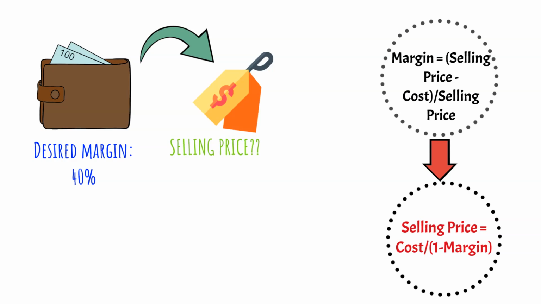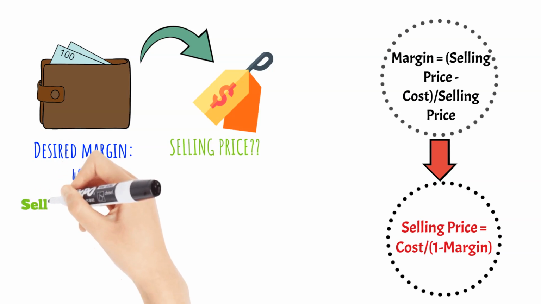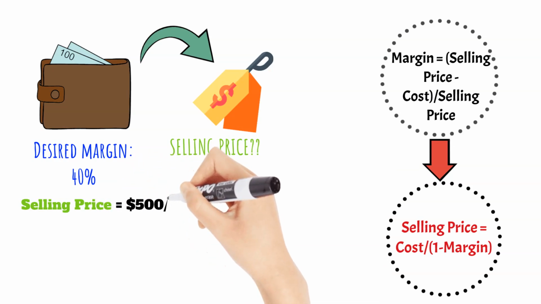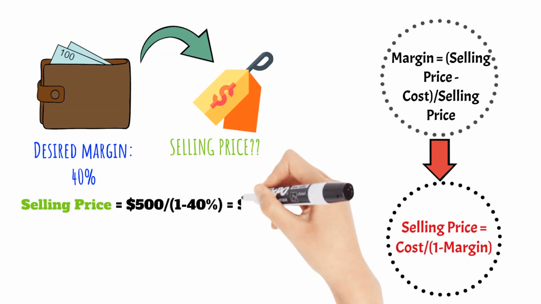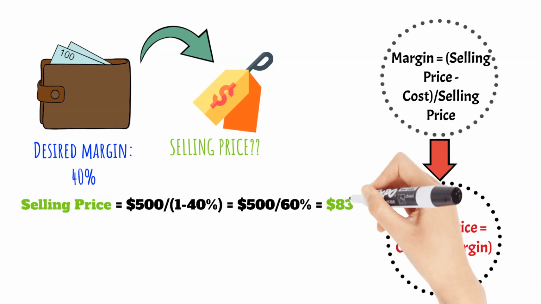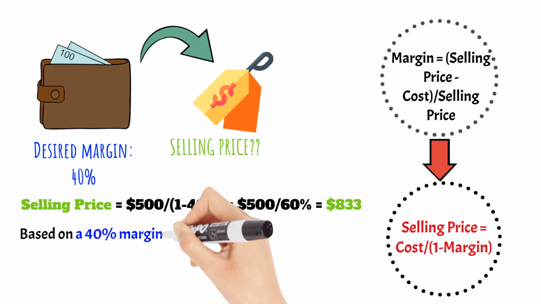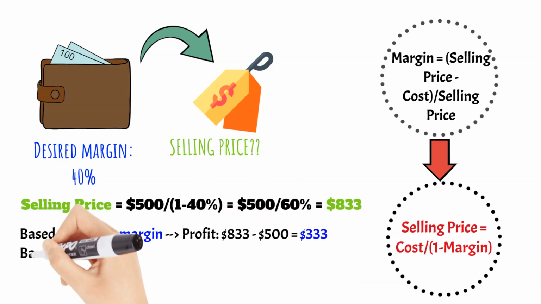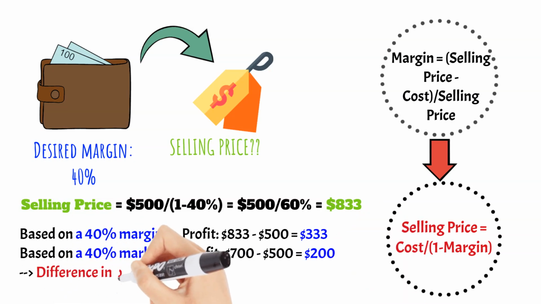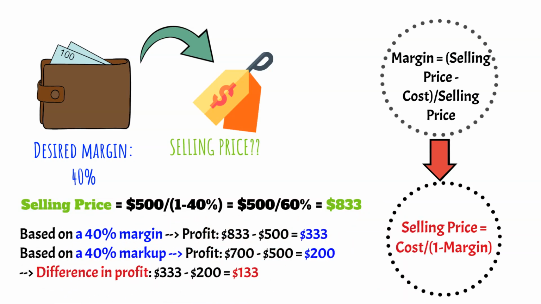So, if your cost is $500 and you want a 40% margin, the calculation looks like this. $500 divided by 1 minus 40%, or $500 divided by 0.6. That is roughly $833 in selling price to achieve a 40% margin. The difference between these two methods is $133 in profit, and that extra profit could be the difference between covering your overhead or falling short.